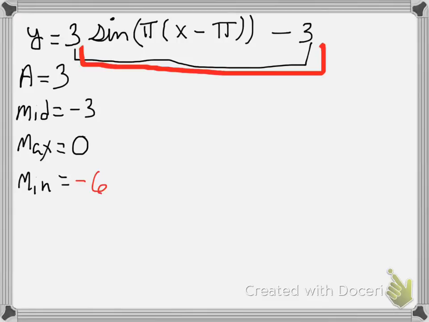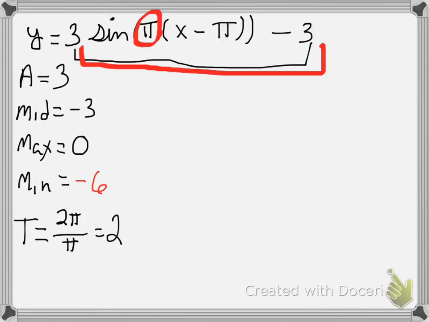Okay. Now, period. It's always 2 pi divided by this constant right here. Okay. So for this one, it's going to be 2 pi divided by pi, which is 2.